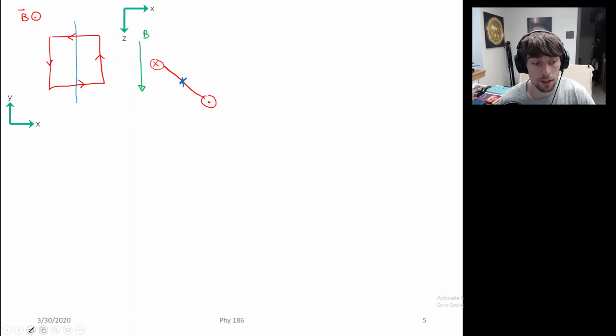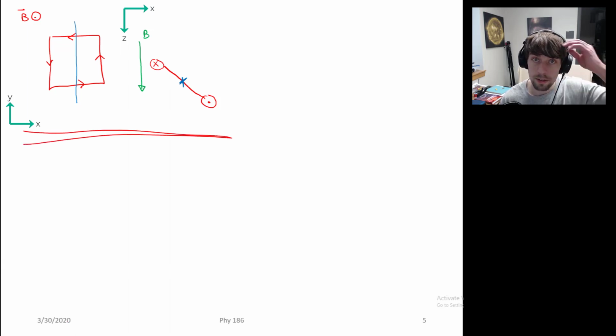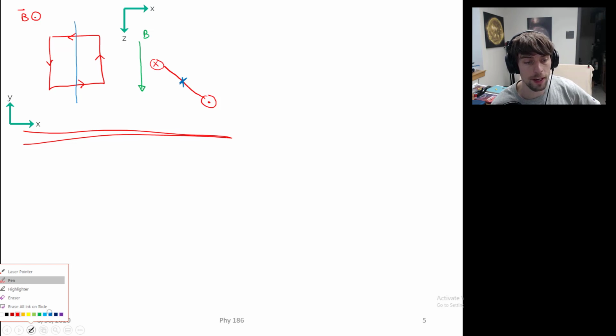Now, let's get an idea. Is the torque on the loop going to be 0? No. Good. You probably already see that.